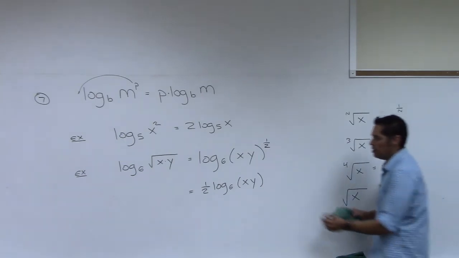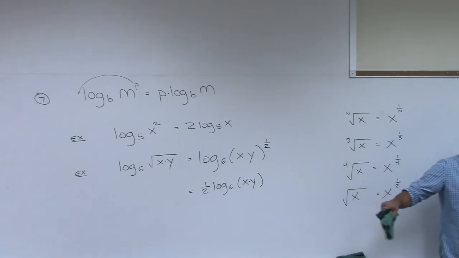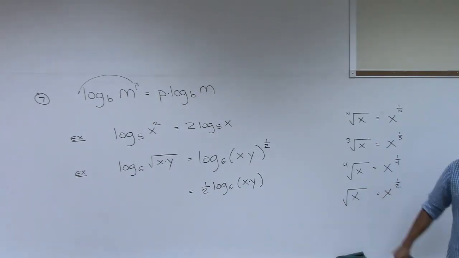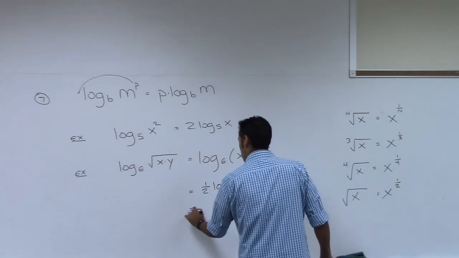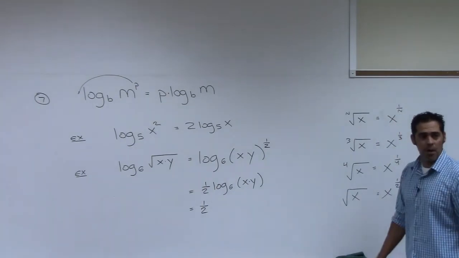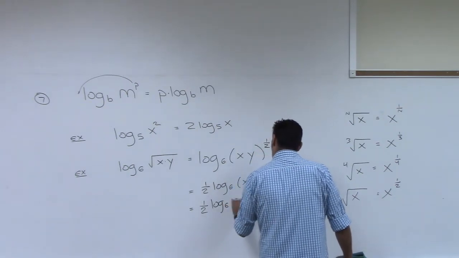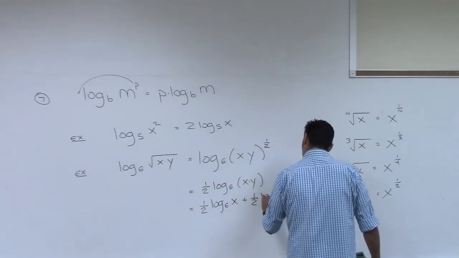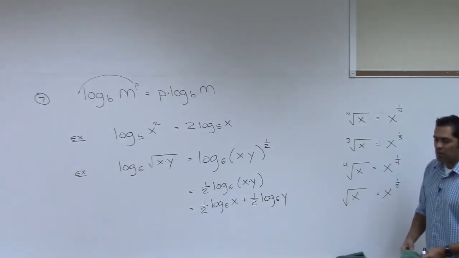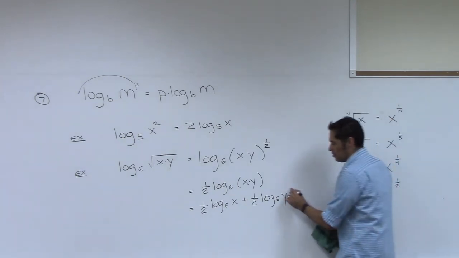You can do the multiplication. This right here allows me to take this single log and split it into 2, right? That's property 5. So I can go 1/2. What do you think that 1/2 is going to have to do, though? Distribute to both. It's going to have to go to the first one and to the second one, like that. And that's all we can do. There's nothing more.